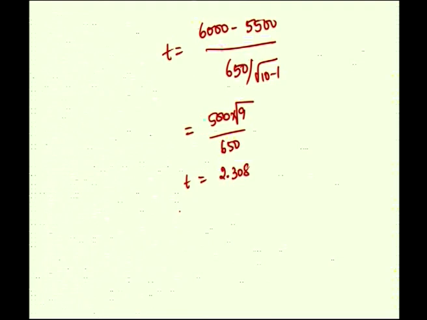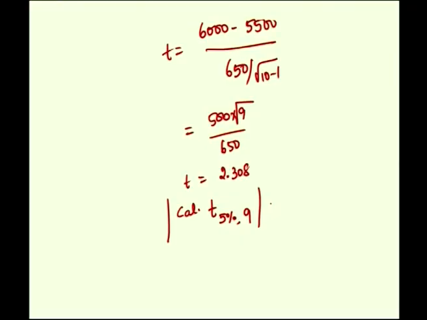The value which you got, 2.308, should be written in this format: calculated T at 5% comma 9 degrees of freedom. The degrees of freedom should be written along with the calculated value, so that you will be able to take the tabulated value from the tables corresponding to the specified degrees of freedom.